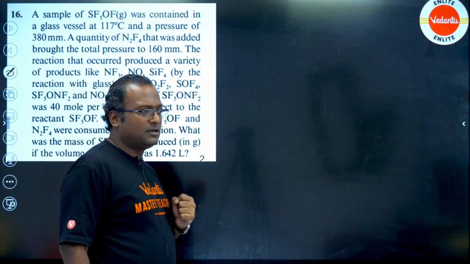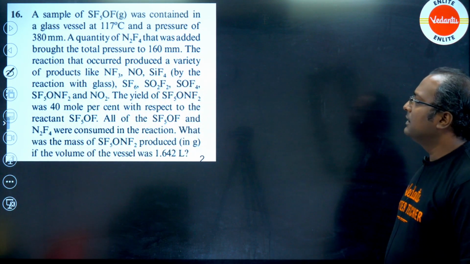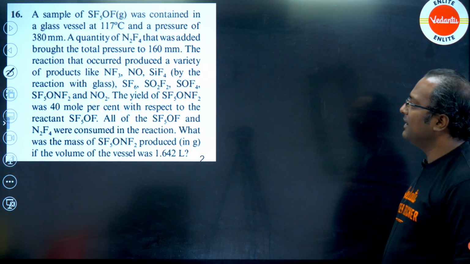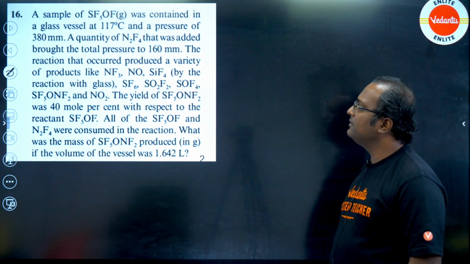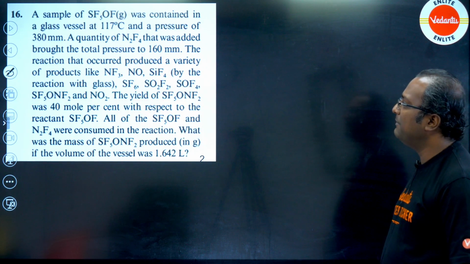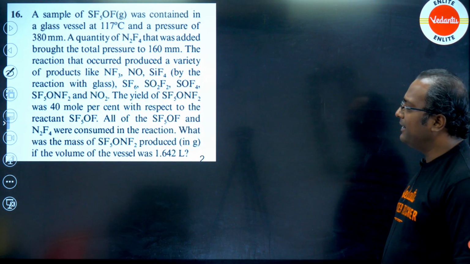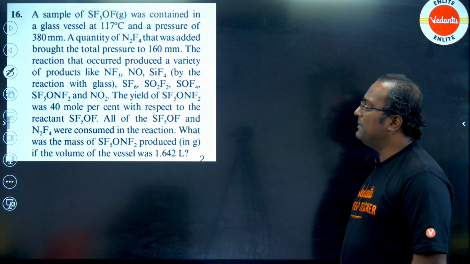Please read the question. I'll help you out then. A sample of SF5OF was contained in a glass vessel at 117 degrees Celsius and a pressure of 380 mmHg. Some amount of N2F4 was added. The final pressure became 160 mmHg.